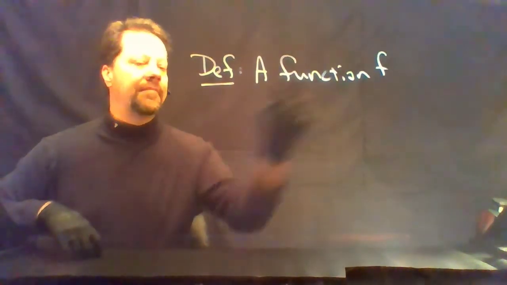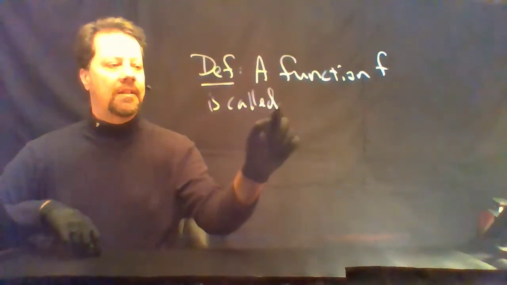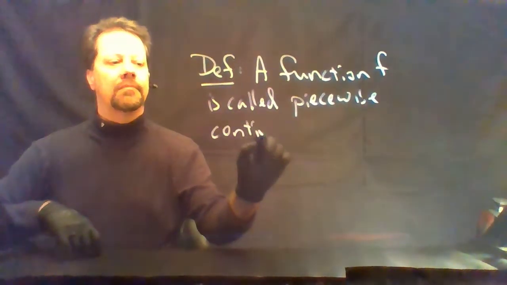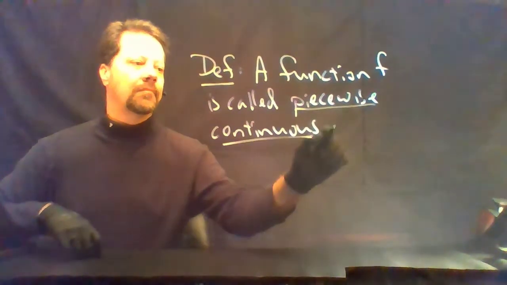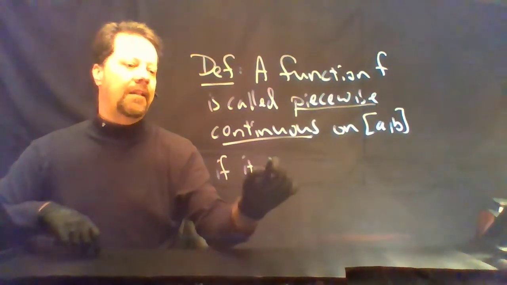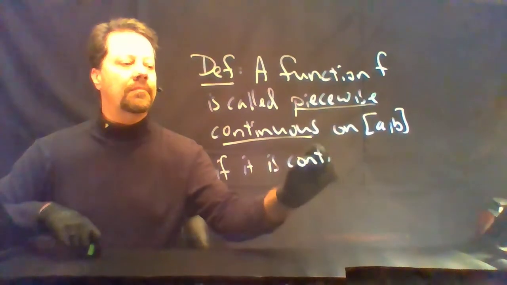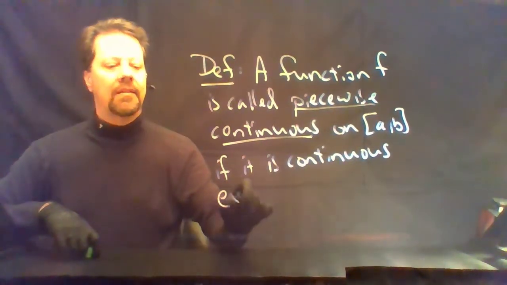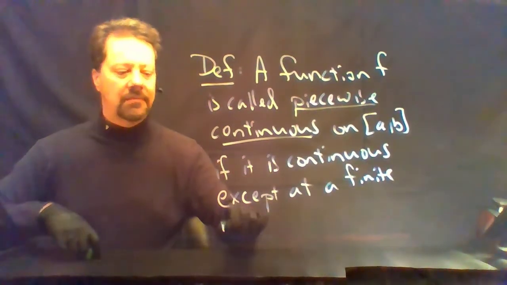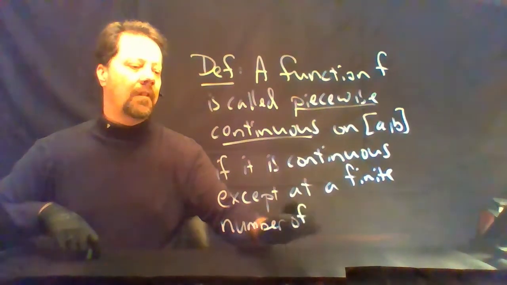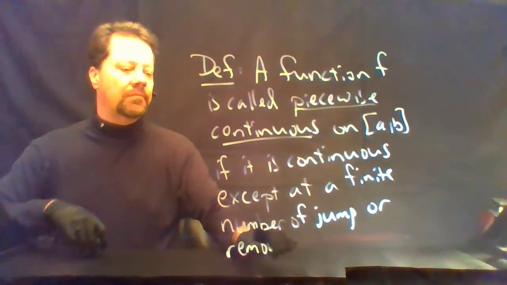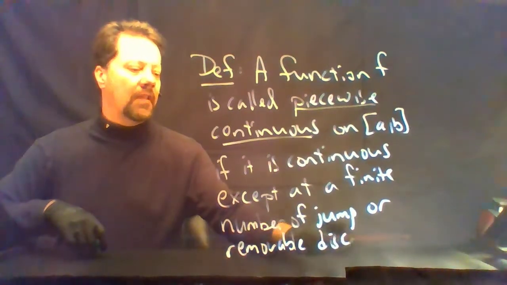A function f is called piecewise continuous on some closed and bounded interval [a, b] if it is continuous except at a finite number of jump or removable discontinuities.